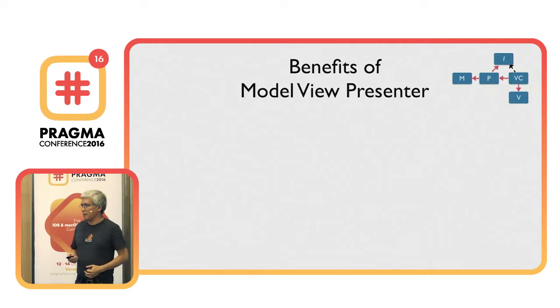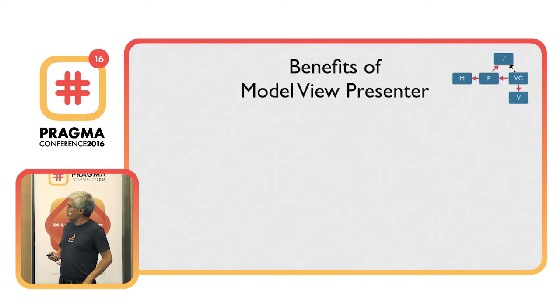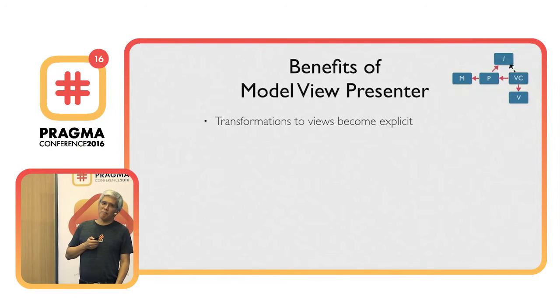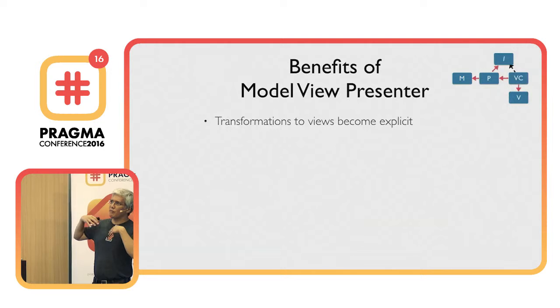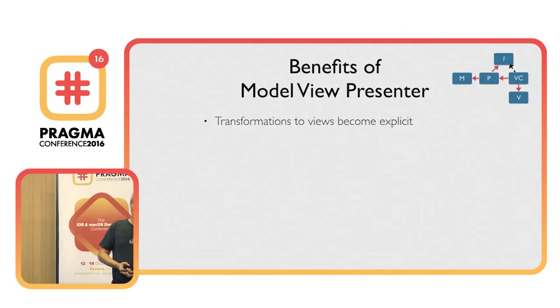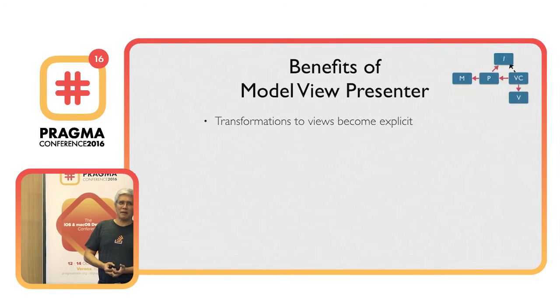Some of the benefits of this: the model, the transformation of the model into a view becomes explicit. Maybe I'm just old school and I just like to type a lot, but I like things that are clearly tied together.